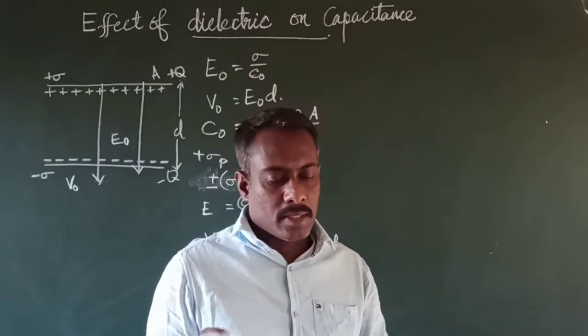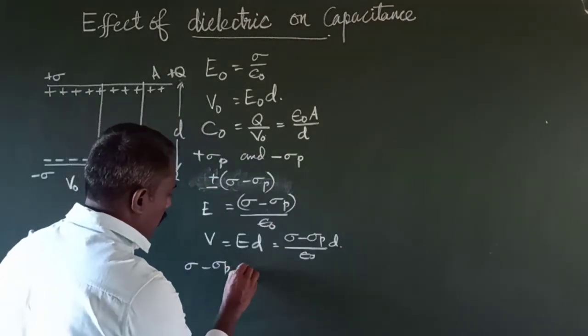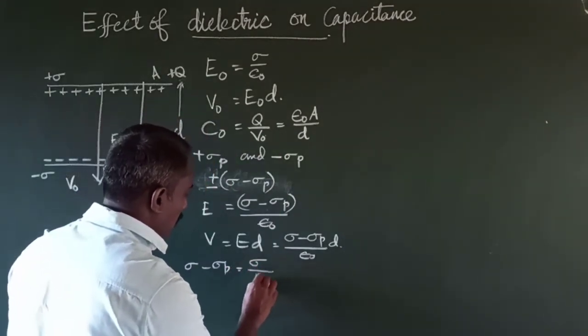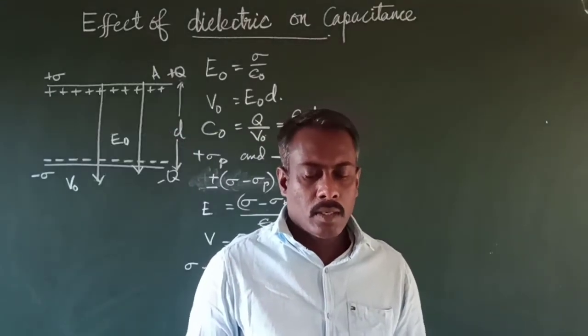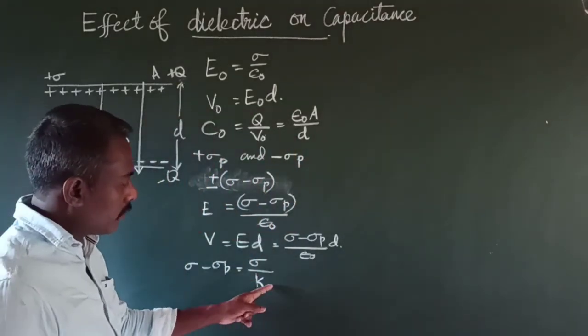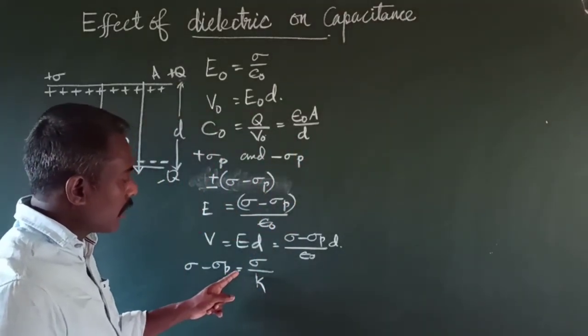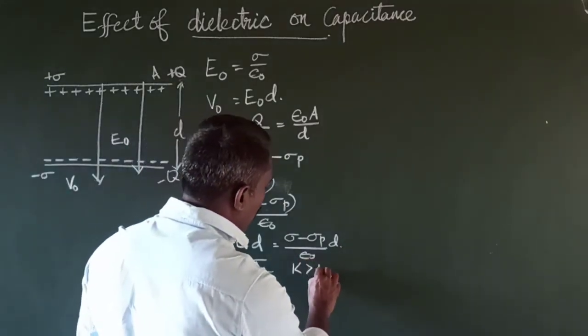So we can write sigma minus sigma P is equal to sigma divided by K, where K is the constant of the dielectric, whose value is always greater than 1.